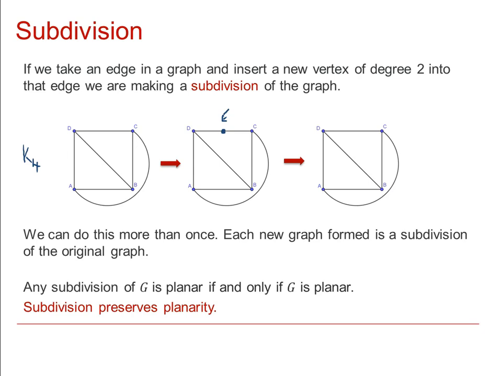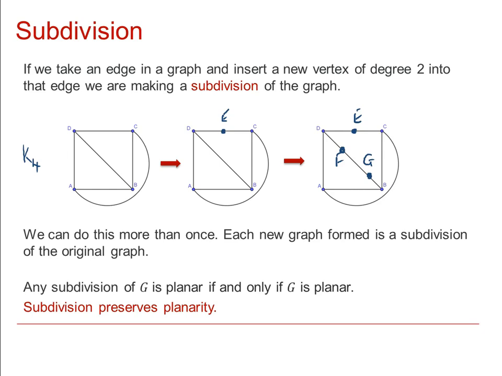And of course we can do that over again. So there's what we have now, but I could, for example, put two new nodes. Here I've done it twice, and so now we've got F and G. So instead of the edge DB, I've now got edges DF, FG and GB.